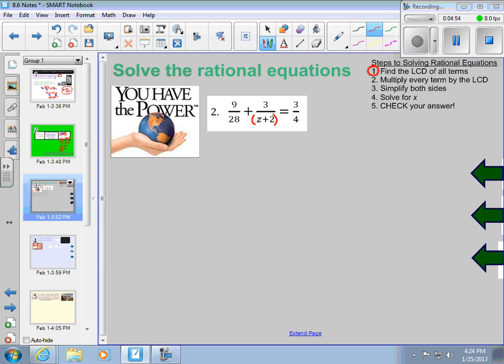We're also going to need the lowest common multiple of both 28 and 4. The lowest common multiple would be 28. 4 goes into 28. So our common denominator for all our fractions is 28 times the quantity z plus 2. So for all our fractions, we want that common denominator.